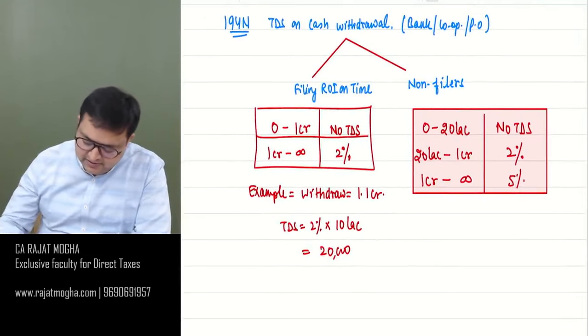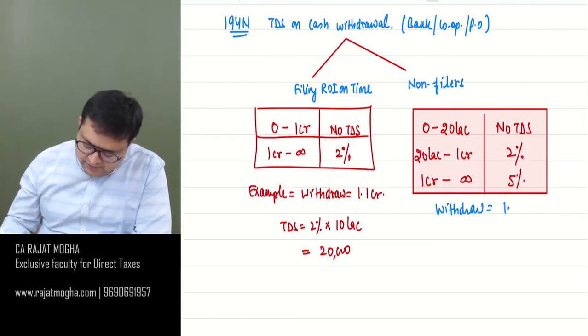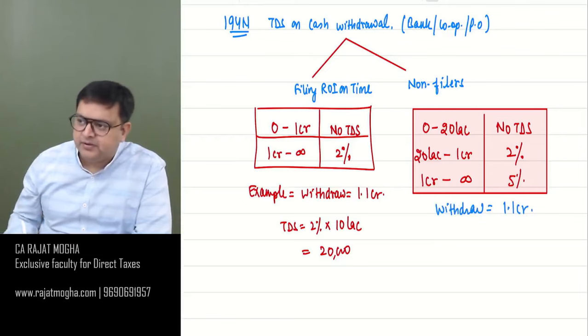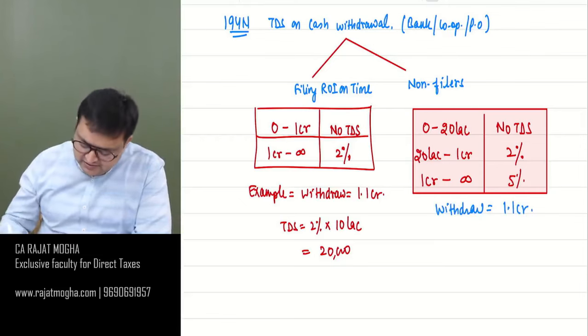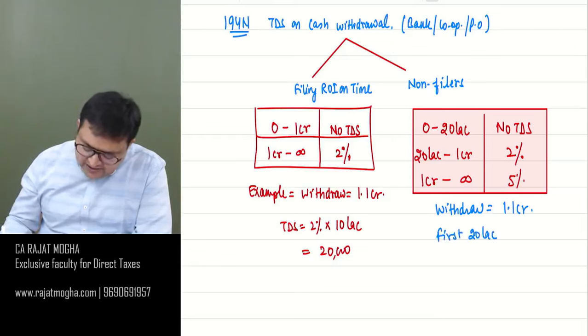And if the non-filer withdraws 1.1 crore, it's like a slab rate. First 20 lakh, no TDS.